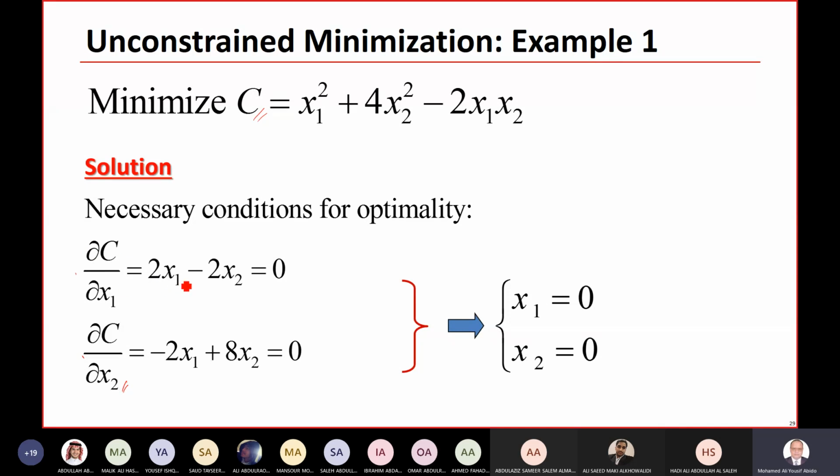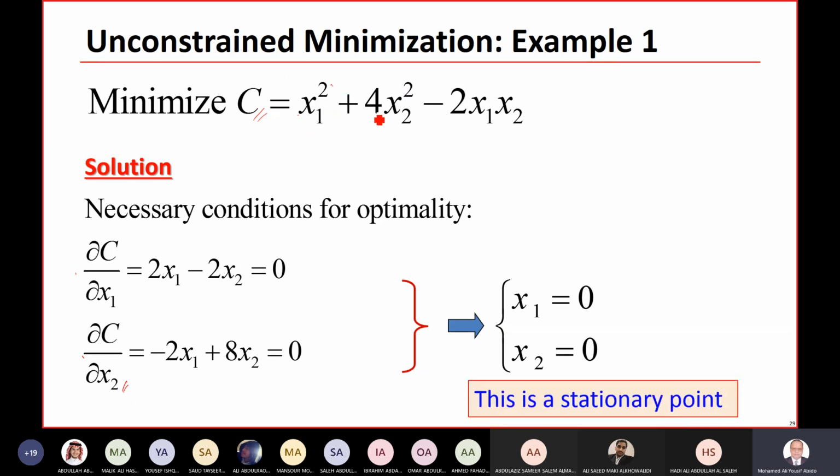So this is 2x1, minus 2x1, this derivative will be 0, so minus 2x2, derivative of x1 here equal to 1. And this is partial c by partial x2, which is this one will be 0. And this will be 2 times 4, so 8x2, and this is minus 2x1. So minus 2x1 plus 8x2. Can you solve these equations simultaneously?